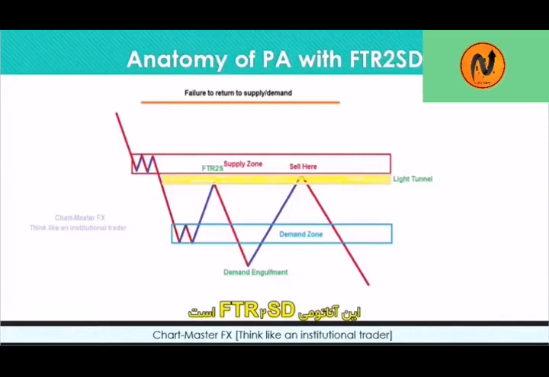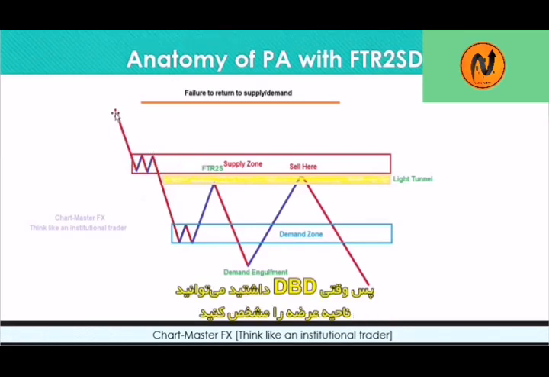So this is the anatomy of the FTR2SD. So guys, you can see that here we had a drop in price. So this is what we call the supply zone. So once you have a drop, you can mark your supply zone. Once you mark your supply zone, we can see that the price went here and created a cap.